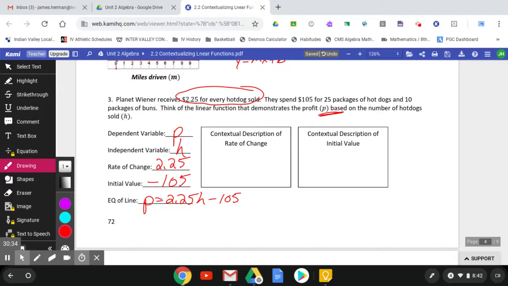So what's the rate of change? 2.25 per hot dog, right? What's the initial value? Good. It's the minus 105 we spent for, is it okay to say supplies?